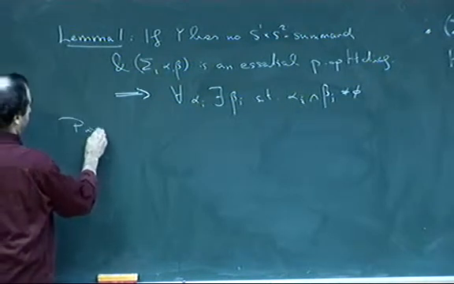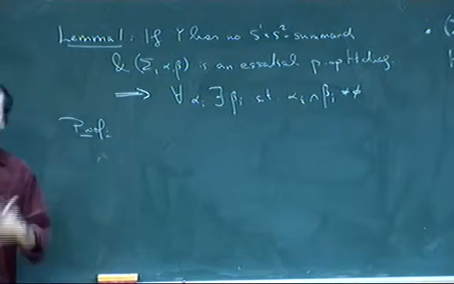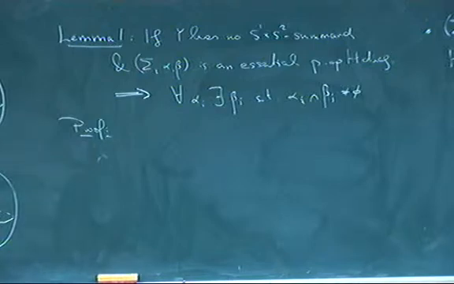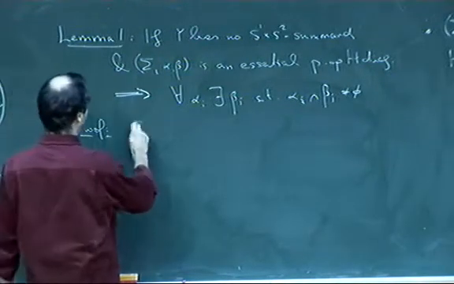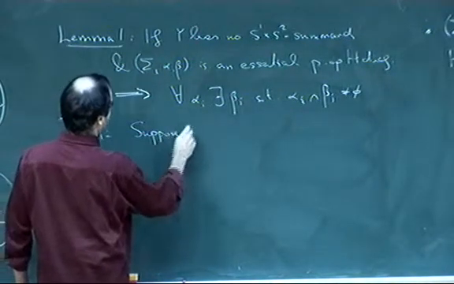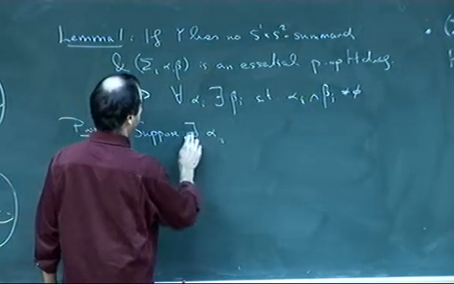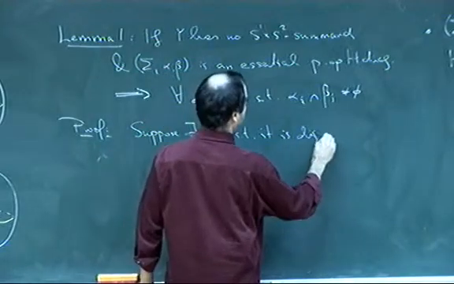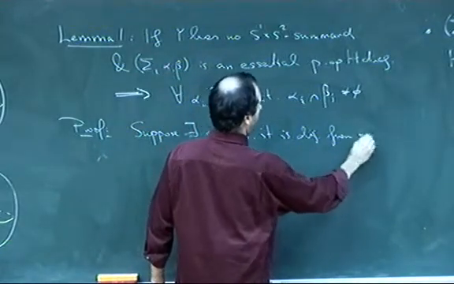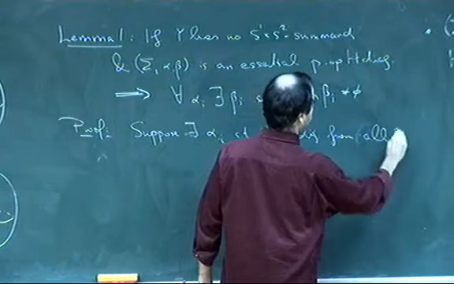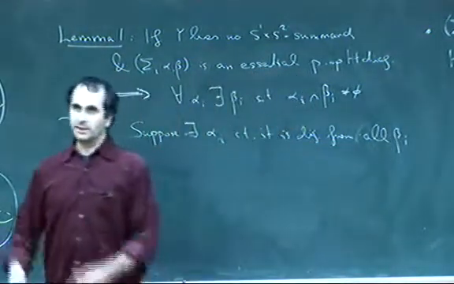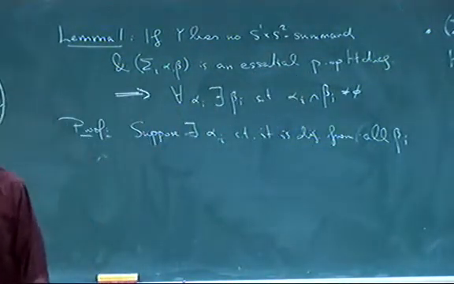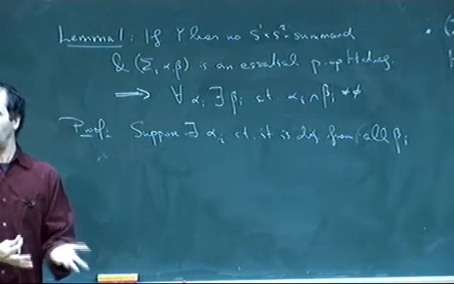So I will provide sketches of proofs. These are not very deep statements. It's just to get into shape. So suppose there is an α_i such that it is disjoint from all β_j. Then consider the beta pair of pants decomposition. It should be in one of the pairs of pants.